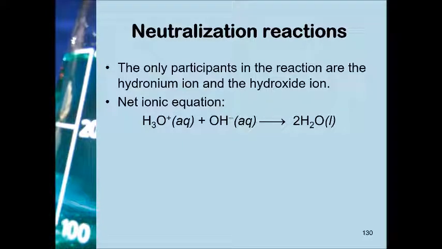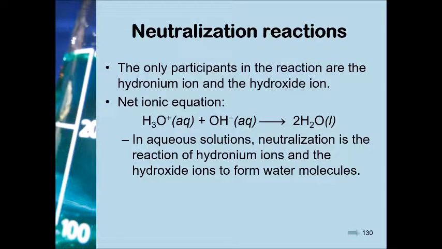So to get 4 hydrogens on the right side, I need to put a coefficient of 2 in front of the water molecule. And then I have 2 oxygens on the left, so that would make it also balanced, because that 2 coefficient in front of the water molecule means I have 2 O's. So in aqueous solutions, neutralization is the reaction of a hydronium ion and the hydroxide ion to form the water molecules. So that's what's formed in neutralization.